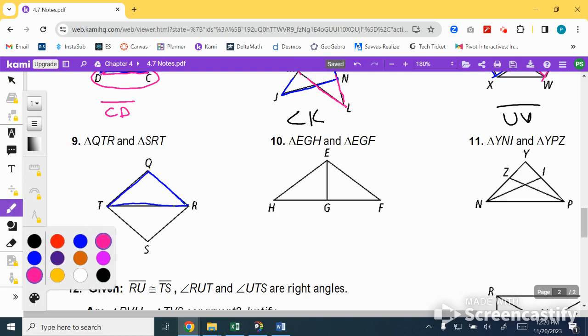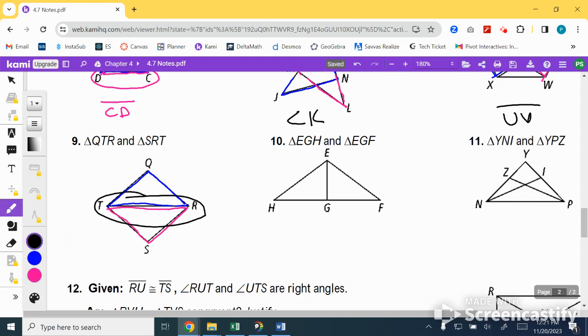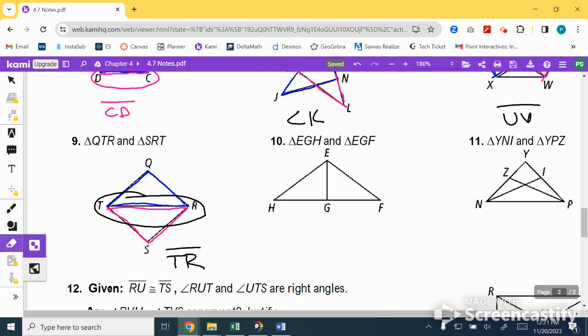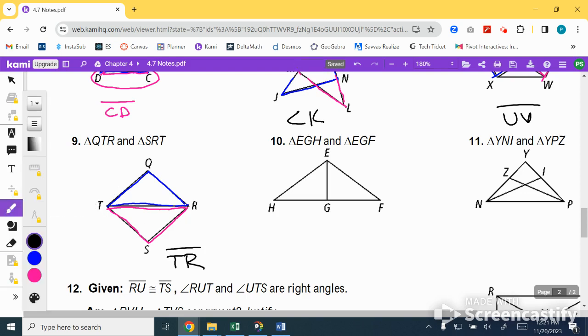Our second one is triangle SRT, S to R, R over here to T, and then back down to S. So right there, that's where I have both triangles. So line segment TR is in both of those triangles. Now you've seen that before. We would automatically mark that reflexive property. So I go ahead and mark that.